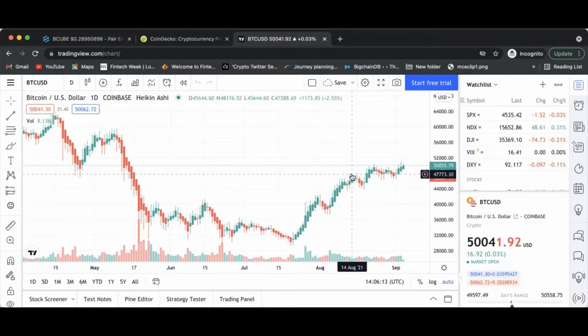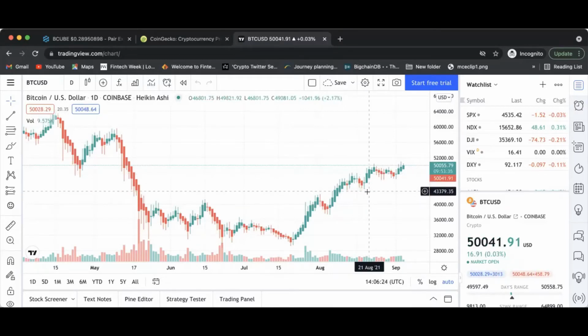And at this point of time, exactly 14th of August, when it made a high of 48,500, it was a very big resistance. And then again, it fell back to these levels.